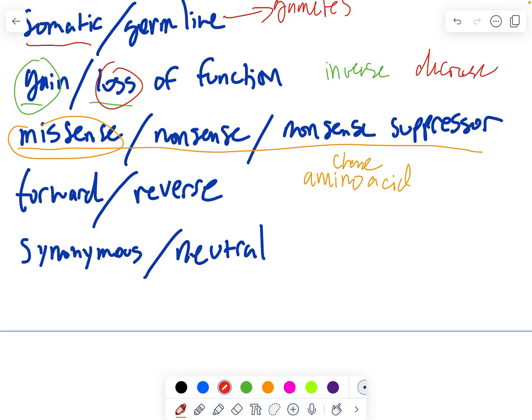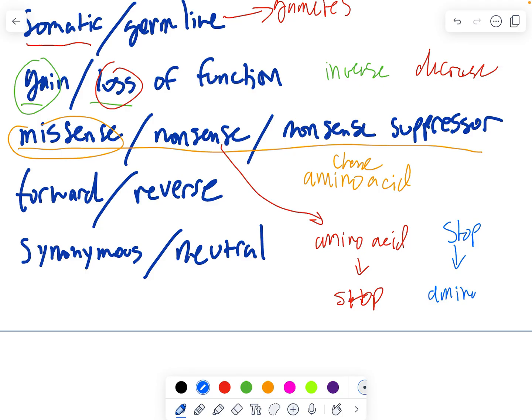If we change an amino acid to a stop codon, then we have a nonsense mutation. And if we have a stop codon that changes to an amino acid, then we have a nonsense suppressor. Those are all things that we're going to revisit when we get to transcription, translation, and regulation.